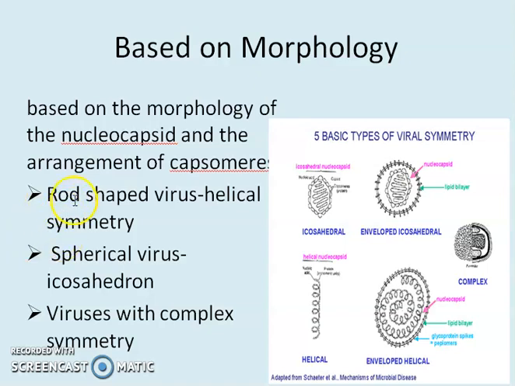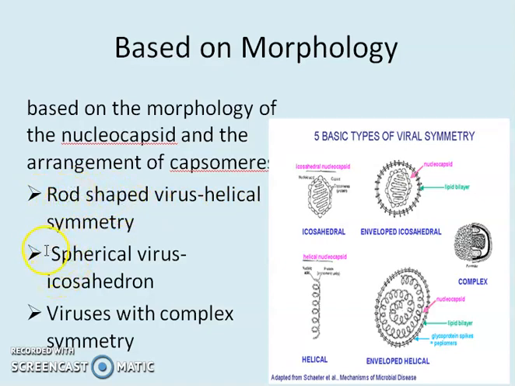You can see the three important morphological types of viruses. One is the rod-shaped virus, which has a helical symmetry. Here the capsomeres are arranged in a helical pattern. That is why they have a rod-shaped structure.